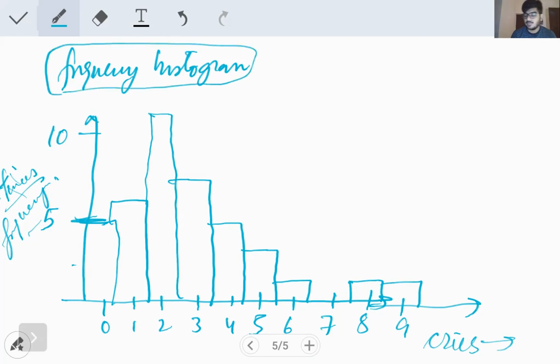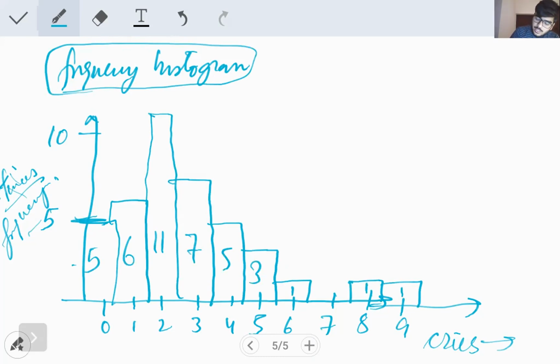We plot it in this way. Now, how we have drawn this, we will see the procedure to draw a frequency histogram. We have already seen that this is 0, this is 5 cries, this is 6, this is 11, this is 7 cries, again 5, this 3 cries, 1, 1, 1.